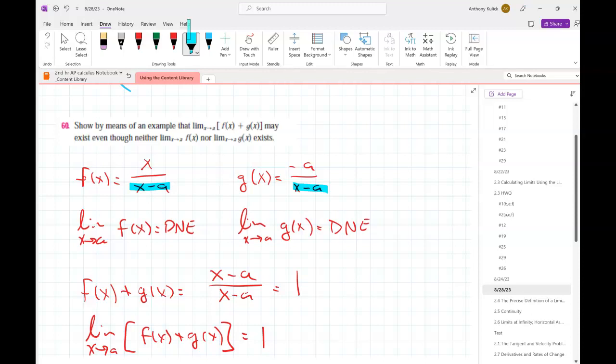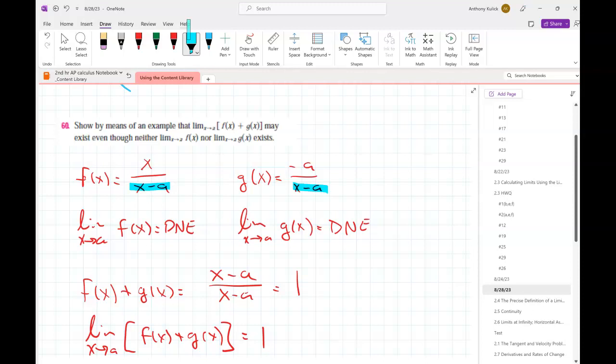So one of the numerators is going to be x and the other is going to be negative a. When I add them together, I have x minus a over x minus a. And the part that was the problem, the x minus a in the denominator, cancels out, so everything is good. How sneaky is that? Really sneaky.